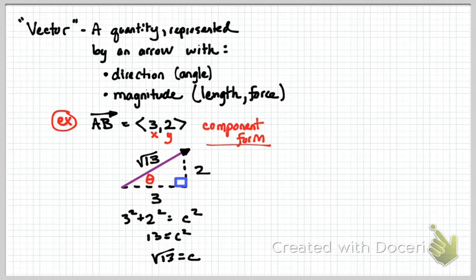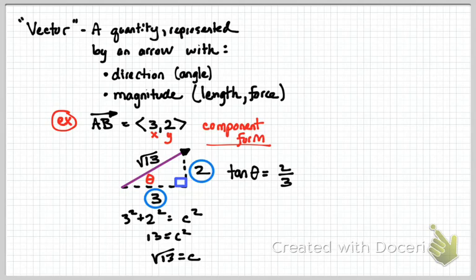Talk about it. The easiest trig ratio to use here is tangent. And why is tangent the best bet? Van? Because if you use sine or cosine, you're going to have to deal with the rad. Yeah, opposite over adjacent uses 2 and 3, so that's probably the cleanest way to do this. So we can say tangent of theta is equal to 2 over 3. This is chapter 4. How do we get rid of tan?